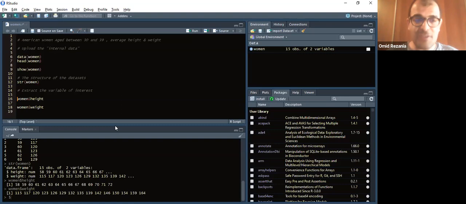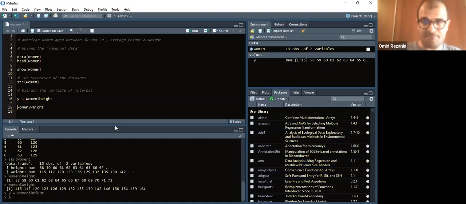I'm just going to call it simply Y. You can put it equal to the woman's height and press control enter. Or you can call it height.